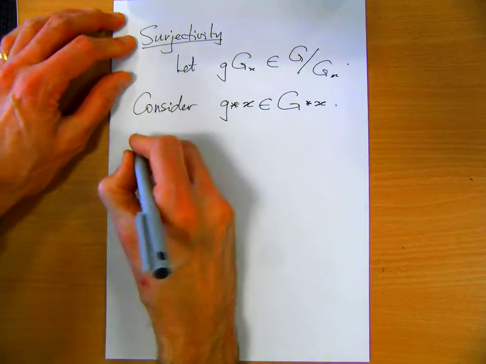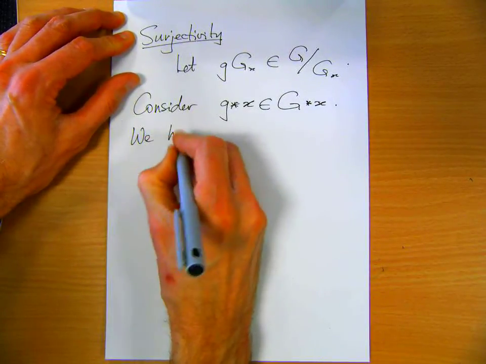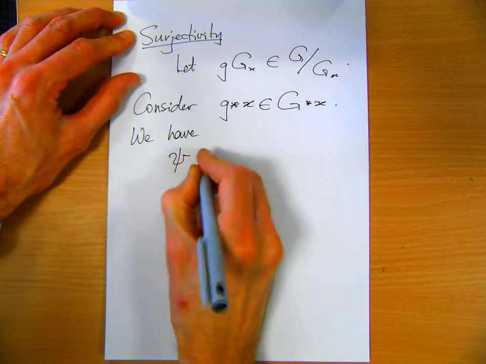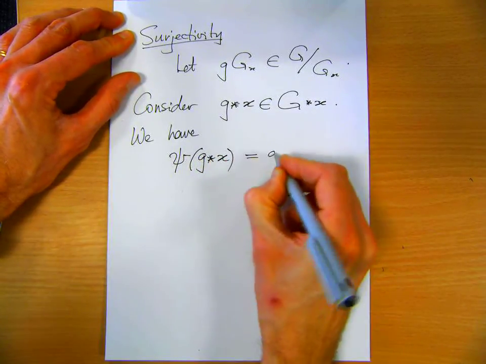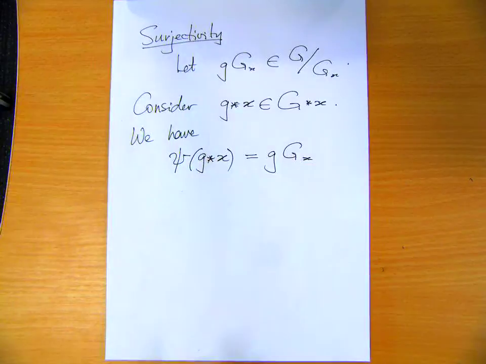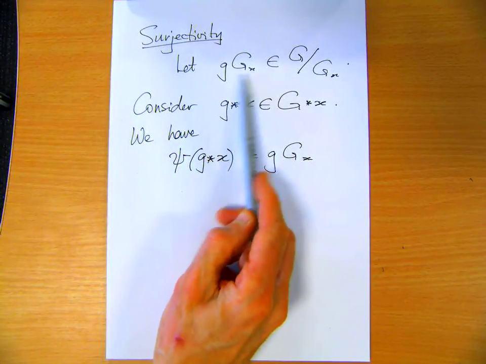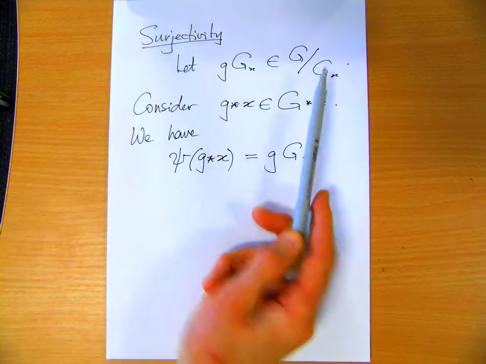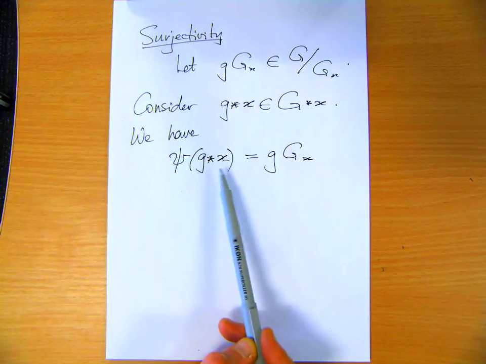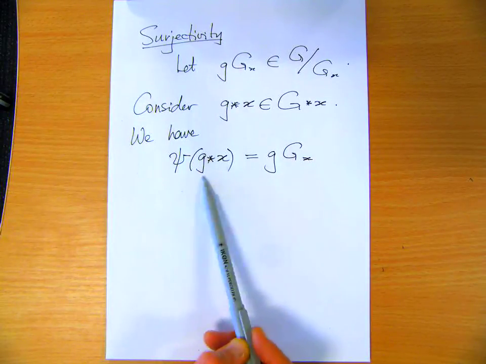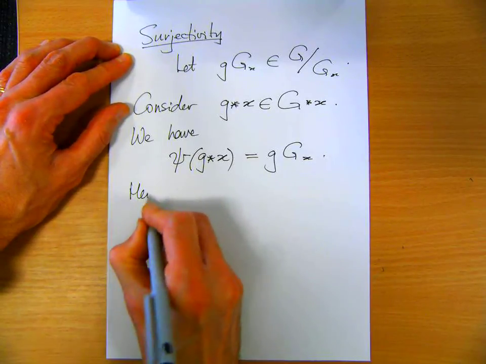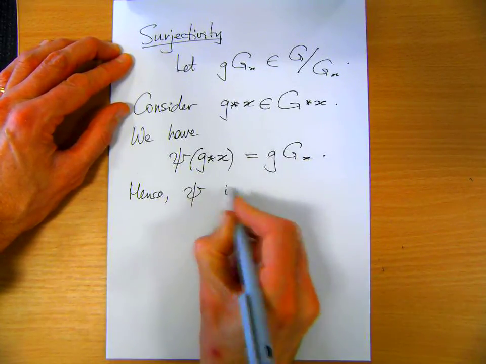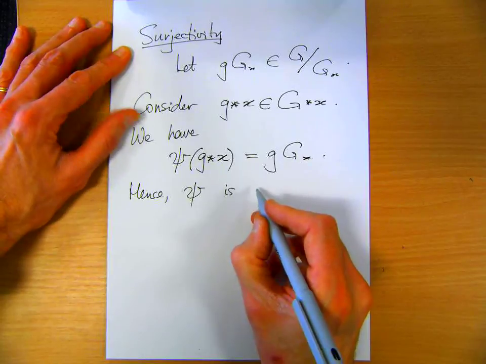And then, by construction, what happens if I apply psi to this element in the orbit? Well, of course, we get exactly what we want. So each element in the codomain, each left coset, does come from some element in the orbit using psi. So surjectivity was easier than injectivity.